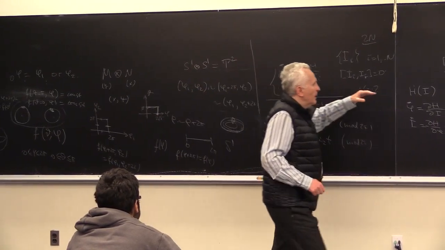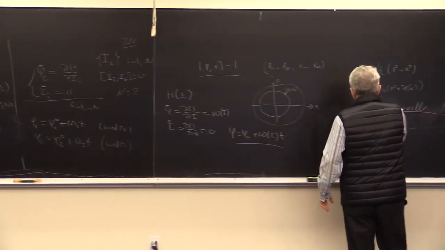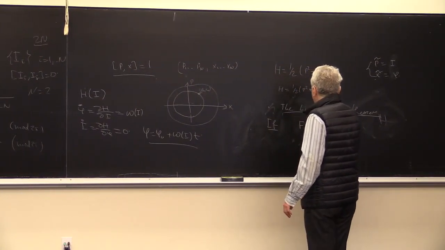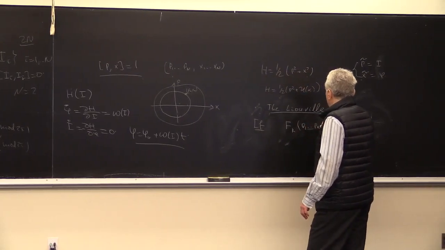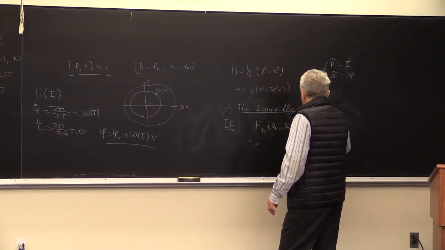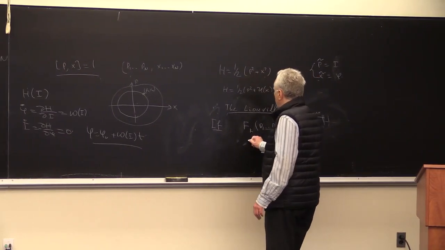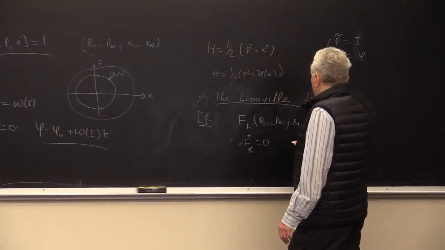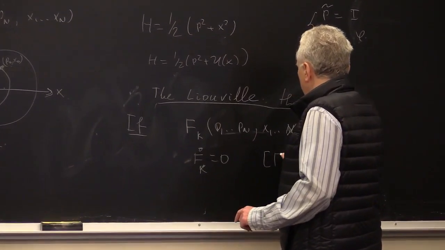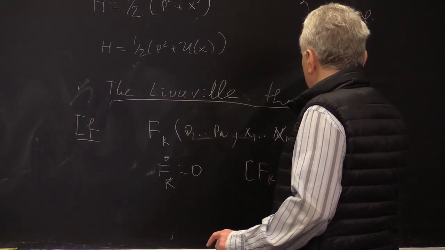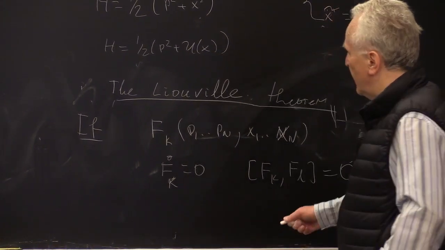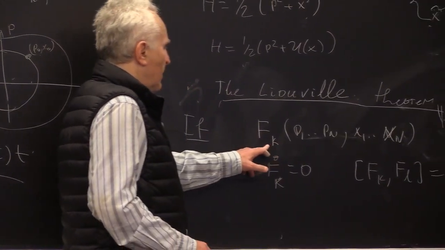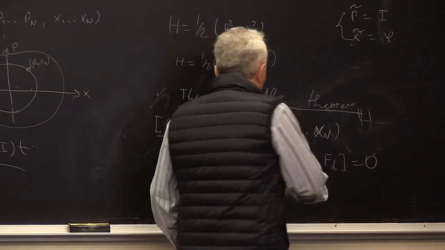Anyway, the Liouville theorem says that if you have a system with some functions f_k of p1,...,pn, x1,...,xn, such that they are conserved, so f_k dot is 0, and, that's important, the Poisson brackets of these functions are 0, and they are functionally independent, so you don't want f2 to be a function of f1.